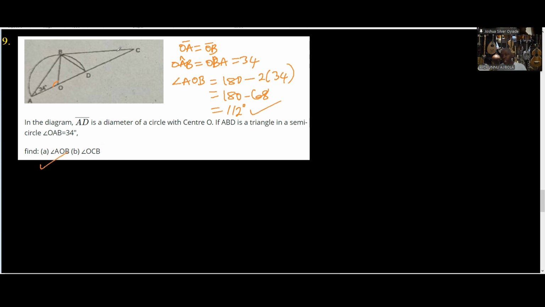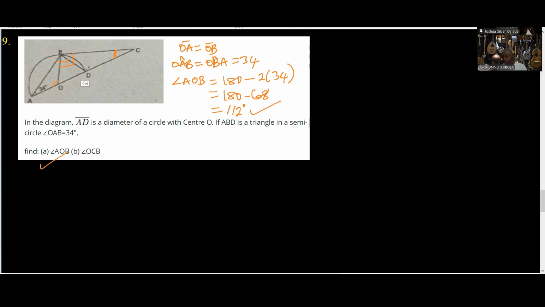The second one said OCB, this angle. To find OCB, we know that this is going to be 90 degrees because it's subtended by a diameter, and the total of this also ought to be 90.